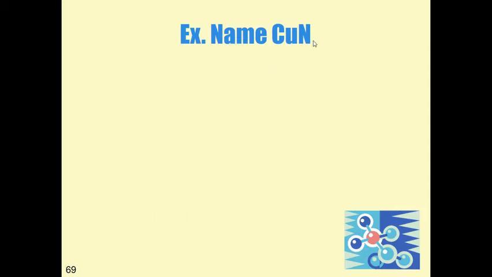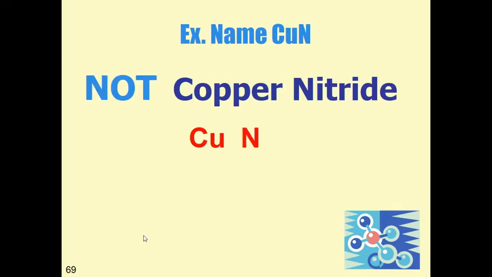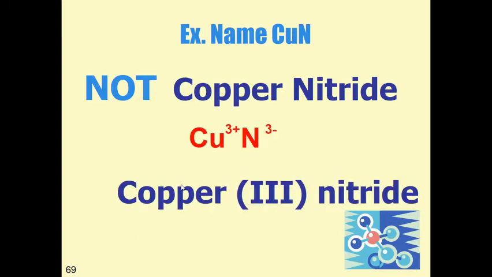That's nitrogen. Nitrogen always has a charge of -3. So to determine the charge of the copper, you're going to divide -3 by the number of metal atoms you have. You have 1. So your charge for copper is 3. So this becomes copper 3 nitride.